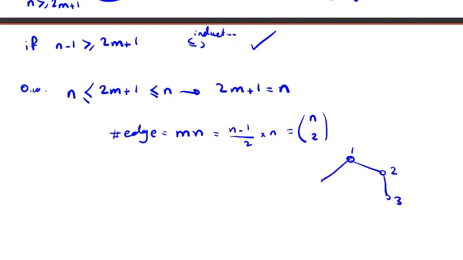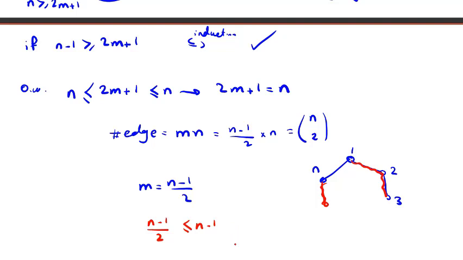And, okay, m is what? m equals n minus 1 over 2. So when the graph is connected, you have a path with length n minus 1. So you should say n minus 1 is greater than or equal to n minus 1 over 2.